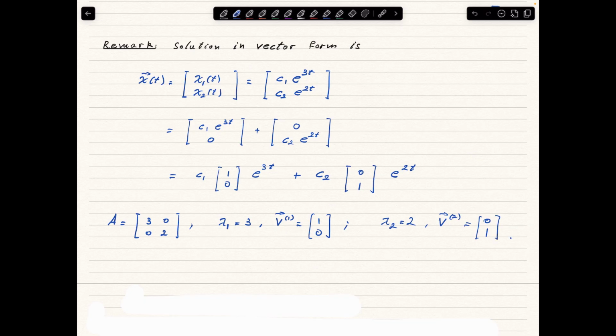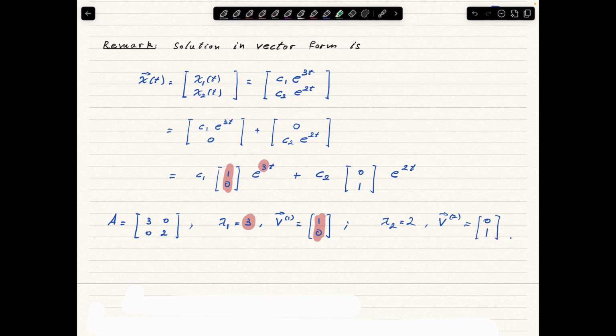Okay, and this is the reason for the remark. Notice that the general solution of the equation with this coefficient matrix has this vector in there, which is one of the eigenvectors, and the corresponding eigenvalue is right there in the exponential multiplying that vector.